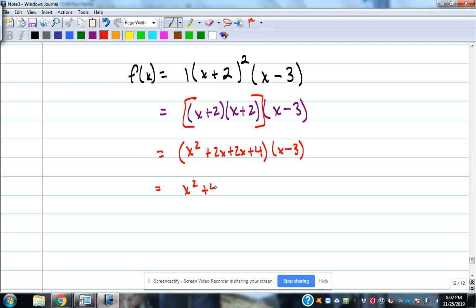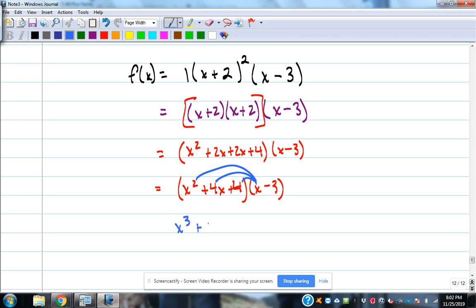That's x squared plus 4x plus 4. X minus 3. And then I'm going to distribute x to everybody.